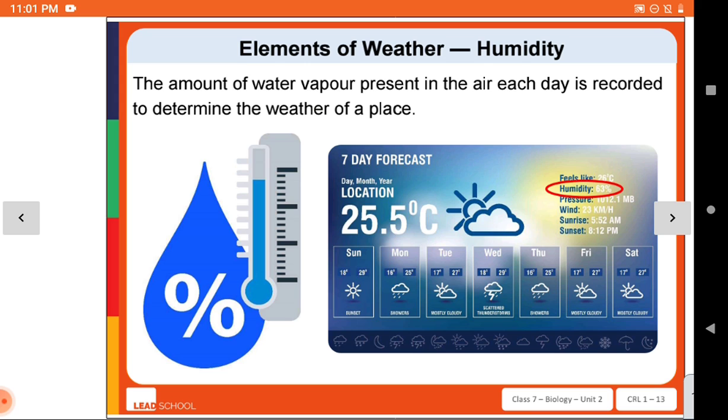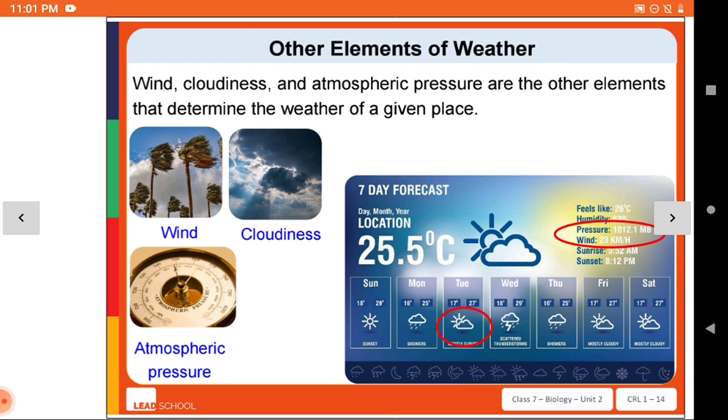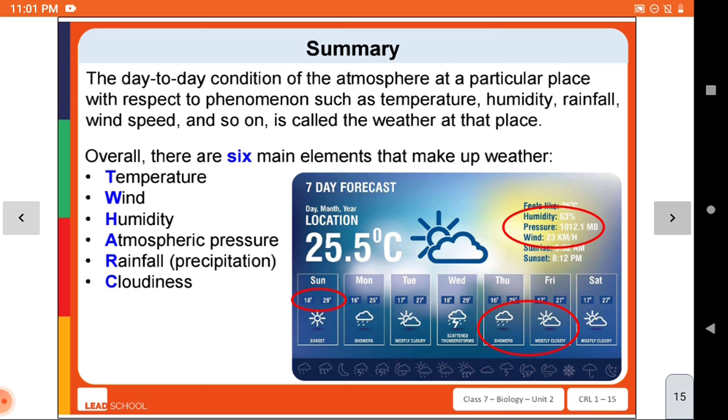Humidity is the amount of water vapor present in the air, recorded for each day to determine the weather of a place. So the other elements of weather are wind, cloud, and atmospheric pressure. These are 3 different elements which help to change the weather of a particular place.